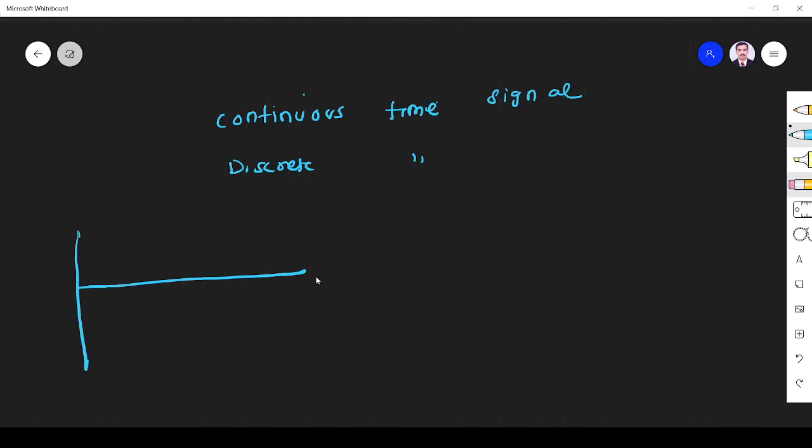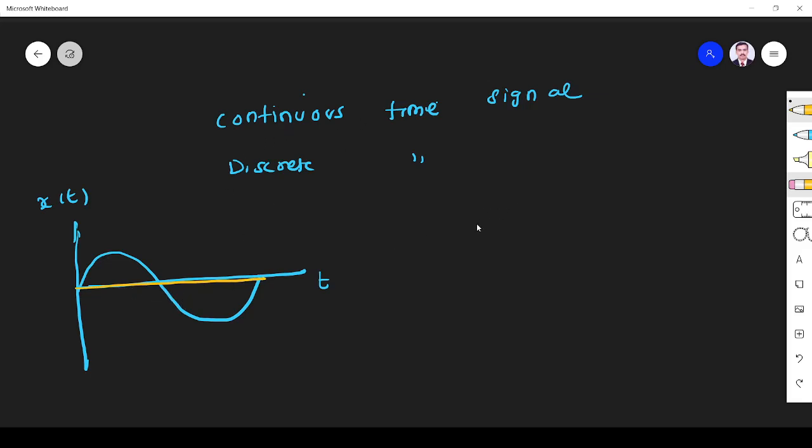For any signal, the x-axis is time and the y-axis is amplitude. If it takes a continuous amount of time, this is called a continuous time signal. You see the time is continuous. For every time we have an amplitude. Time is continuous, there is no gap.